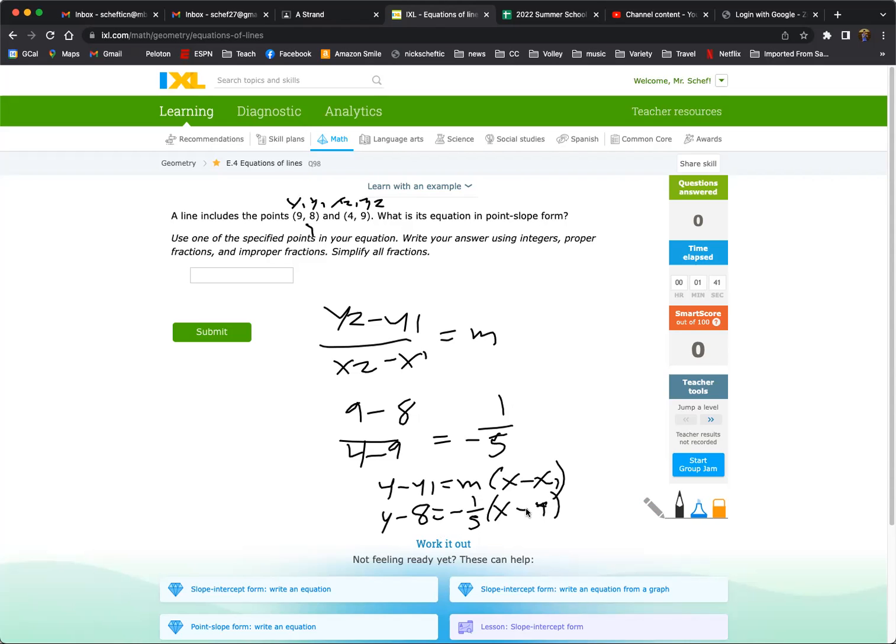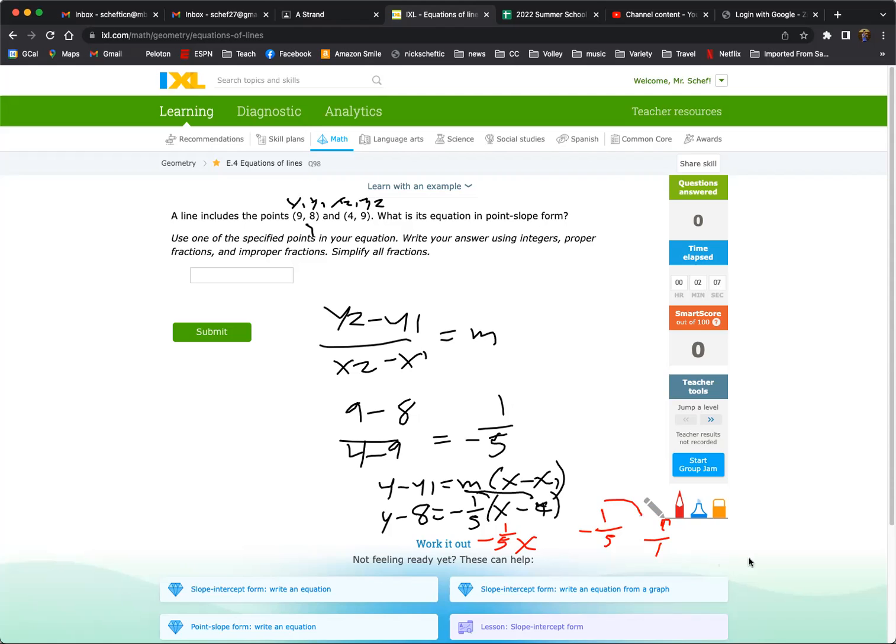Okay, so we'd have to distribute the -1/5. So that's going to be -1/5 x, and this is 9. When we're multiplying a fraction, we just break this part down. This is the same as 9 over 1.